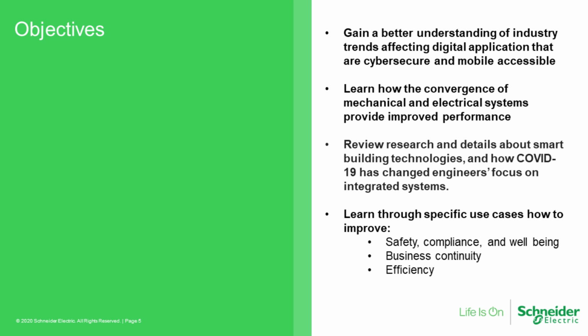We're going to review research and details around smart building technologies and how COVID-19 has changed engineers' focus in integrated systems. So we'll touch on some of that, how the things around the pandemic and what's going on in that. Learn how specific use cases across these technologies improve safety, compliance, well-being, business continuity, and efficiency.